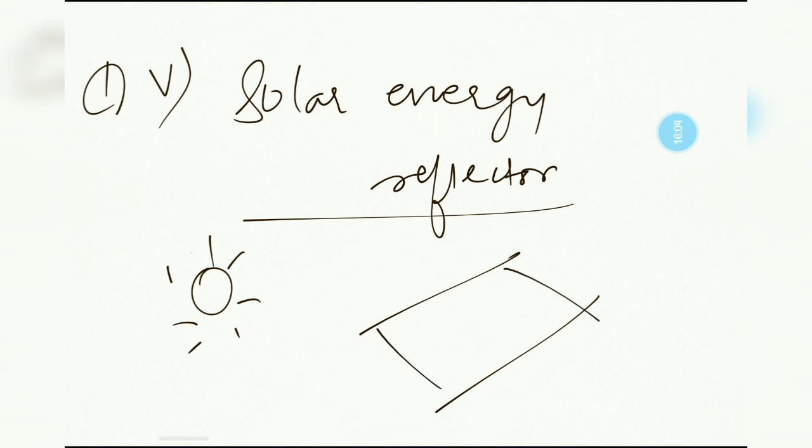Now what do you think is going to be that mirror? Obviously we want more and more energy, so what will we use? Concave, because it gives a large parallel beam and it produces more energy. So the mirror used will be a concave mirror. So option is B.